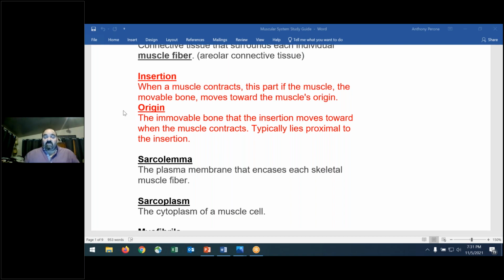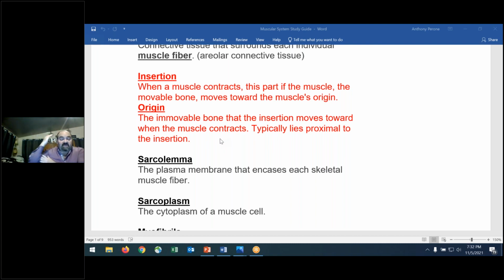So the origin is the anchor. The muscle connects to bone via tendon. So at the origin and at the insertion, there are tendons connecting to bone, right? Now, the origin is the immovable bone that the insertion moves toward when the muscle contracts, so think about biceps brachii.